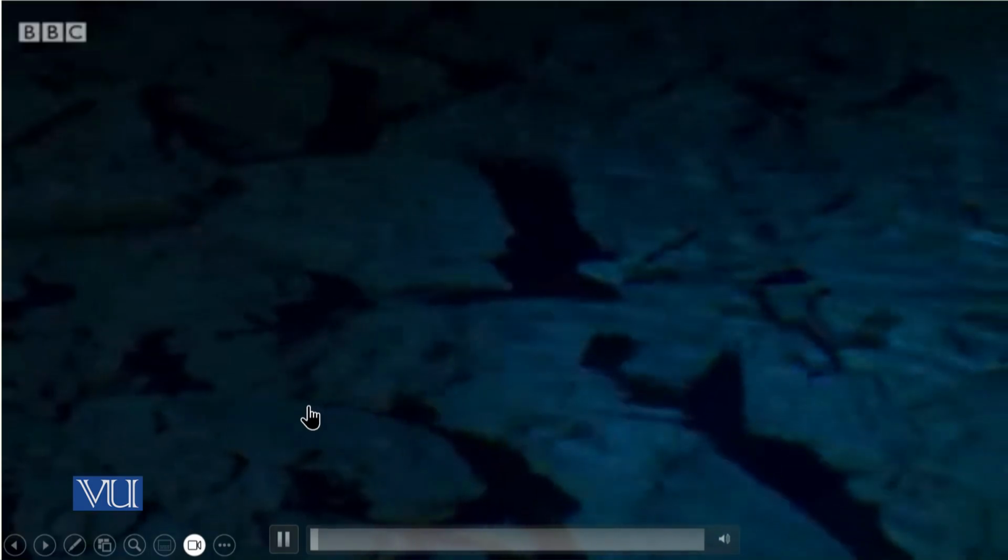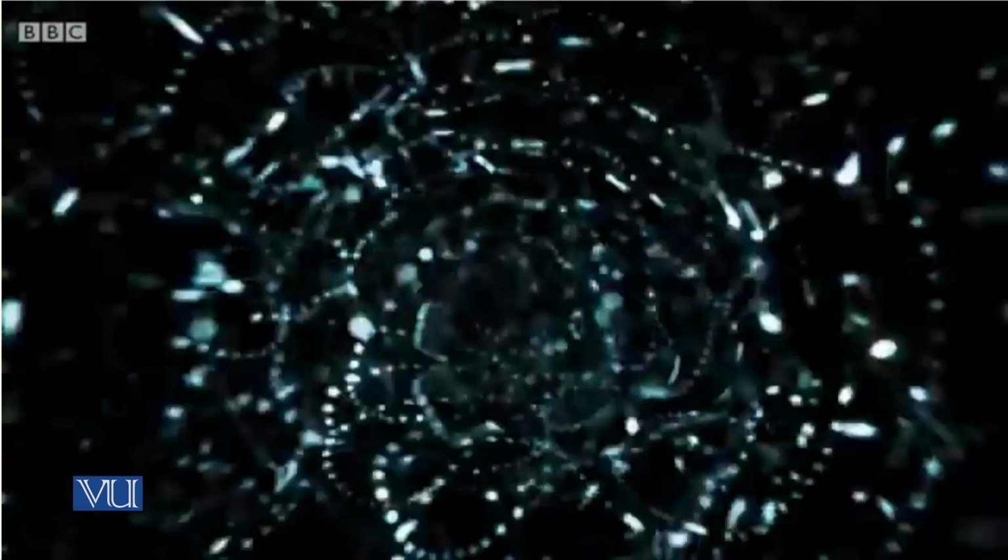Story as told by science. In the beginning, there was an ocean of energy that drove a rapid expansion of space, known as inflation. There were ripples in the ocean.